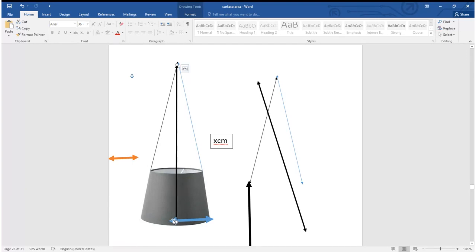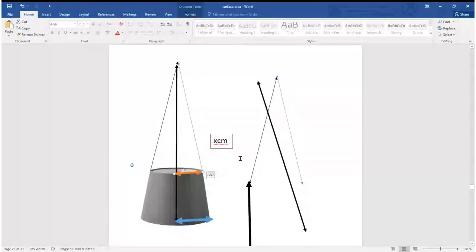Then you have a small radius. Because you can see now its shape is very different from the bucket. The bucket tapers from the top to the bottom. This one is just opposite. So this one is the height.